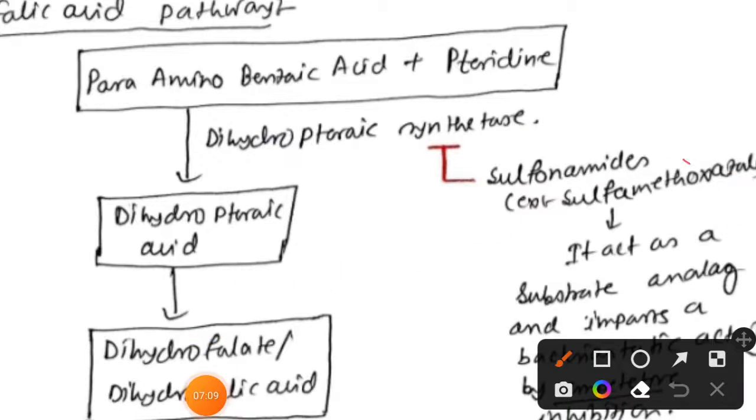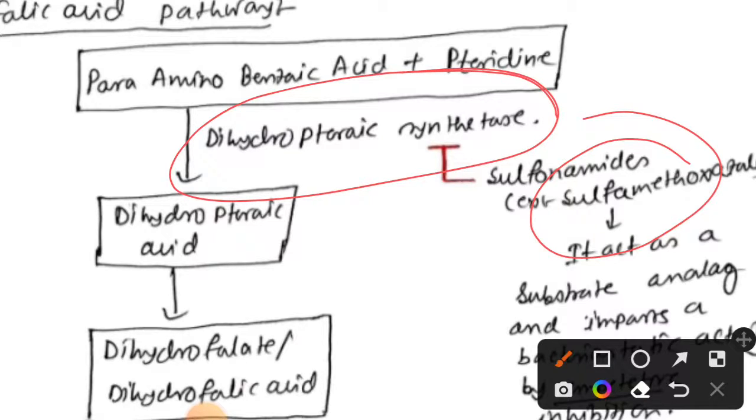An example of a sulfonamide is sulfamethoxazole. Sulfamethoxazole acts as a substrate analog and inhibits dihydropteroic synthetase competitively, which is known as competitive inhibition.